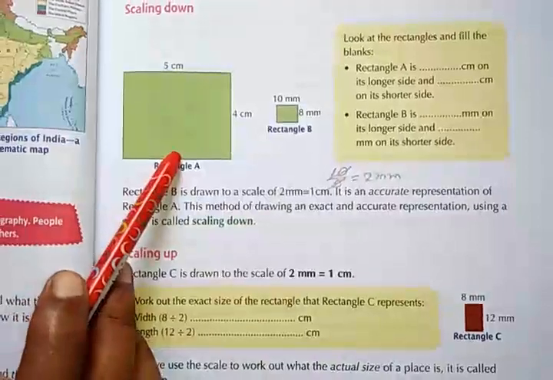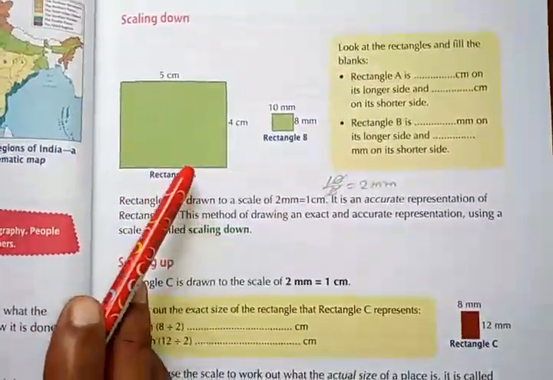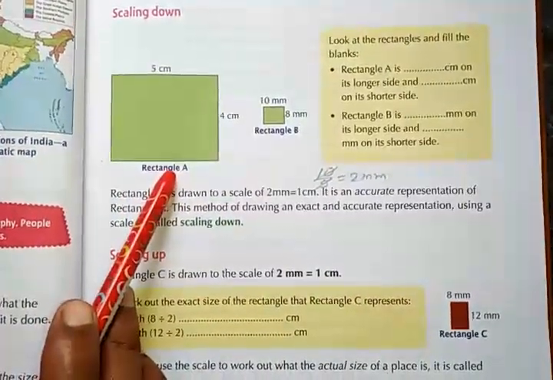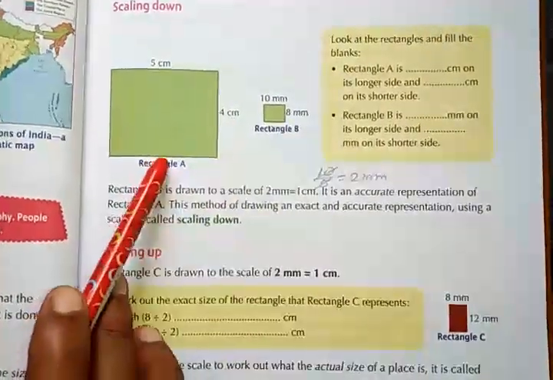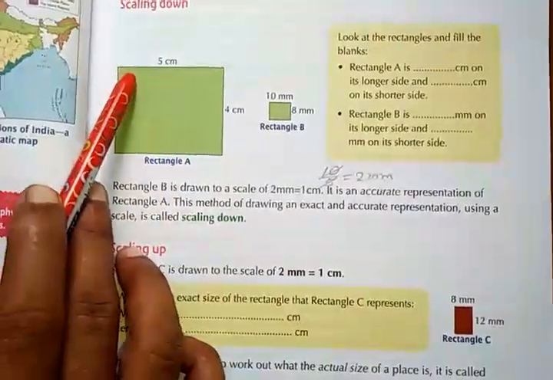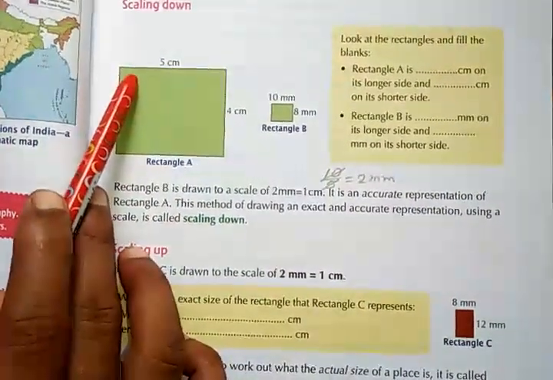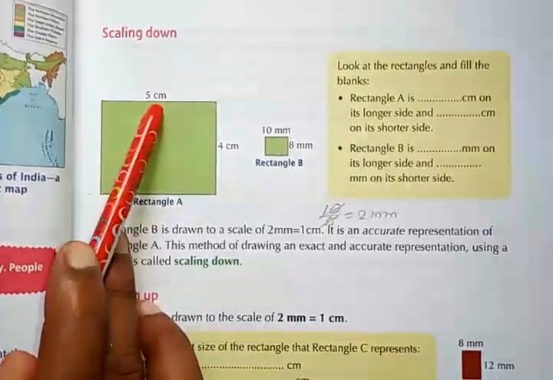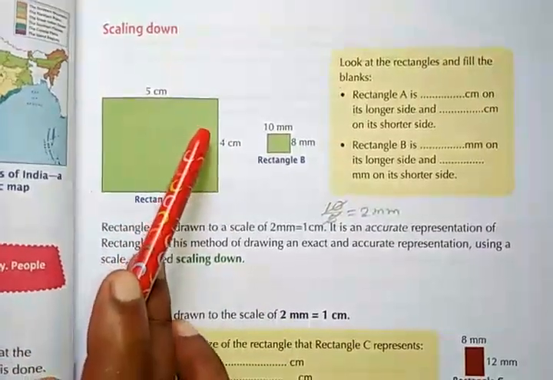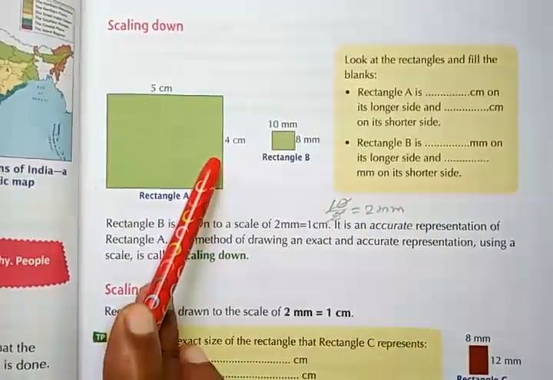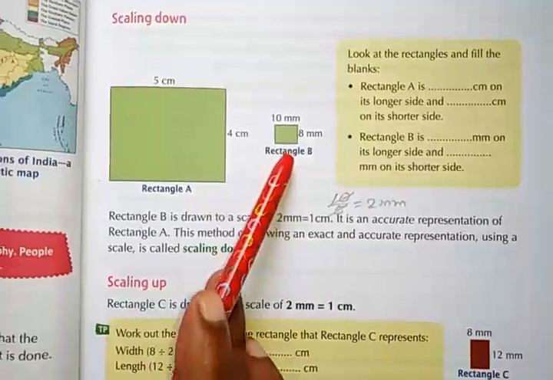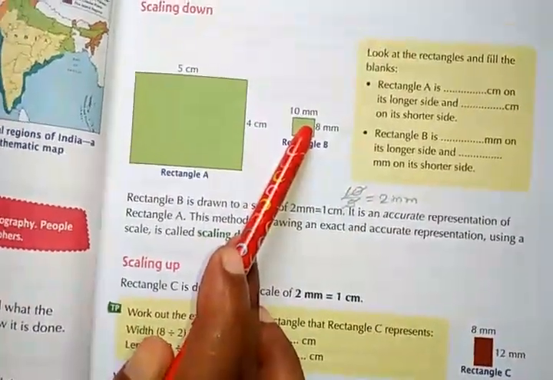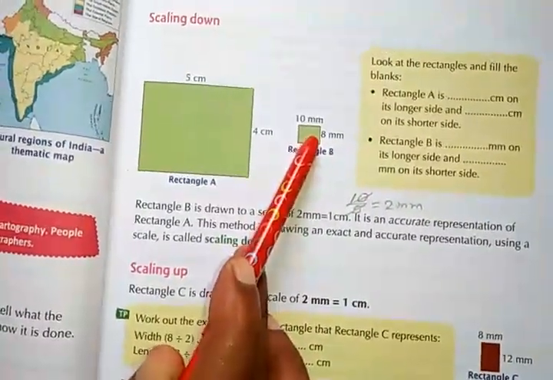Look at your book. There are two rectangles given, rectangle A and rectangle B. In rectangle A, the longer side is 5 centimeter and the shorter side is 4 centimeter. And in rectangle B, longer side is 10 millimeter and shorter side is 8 millimeter.